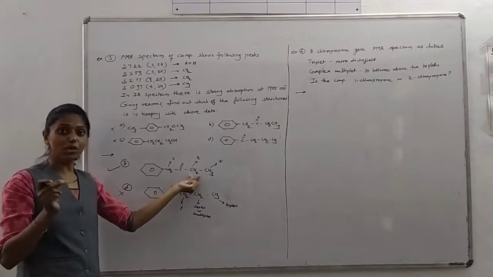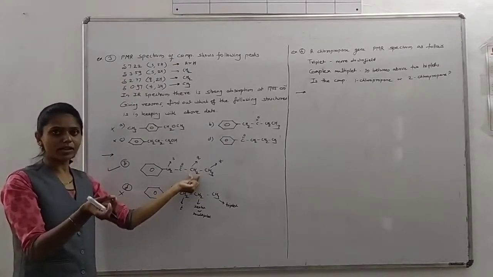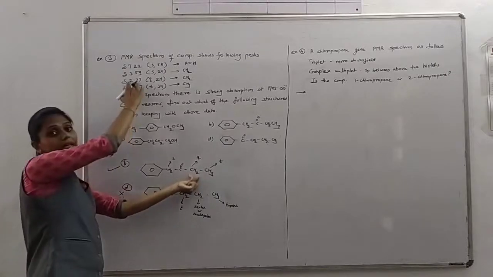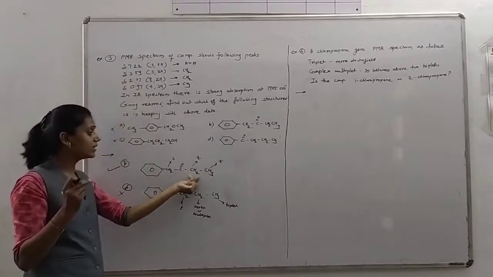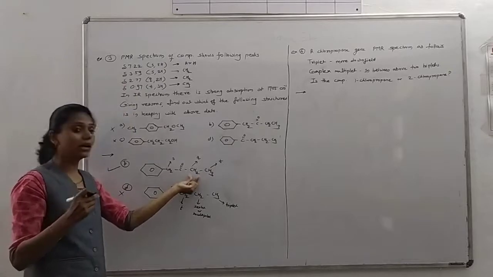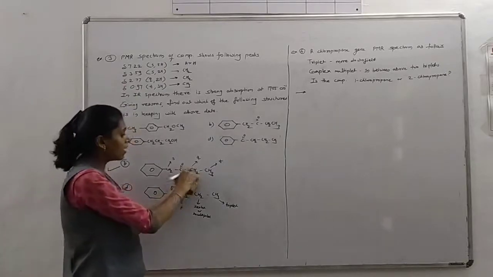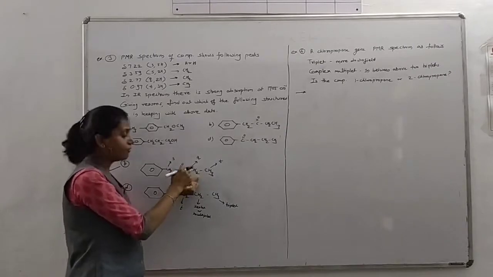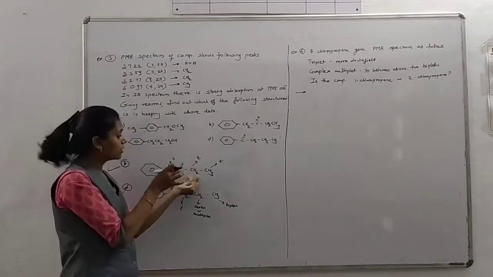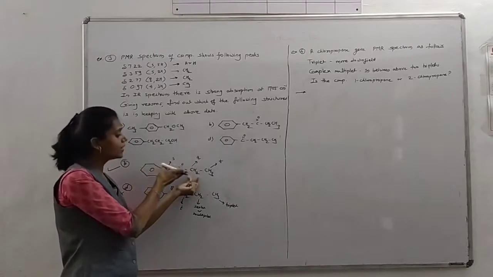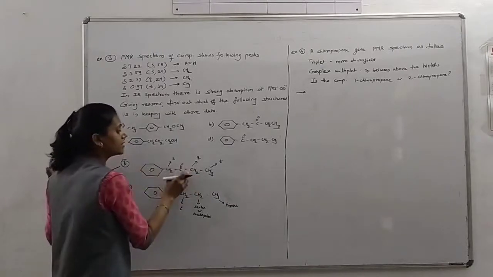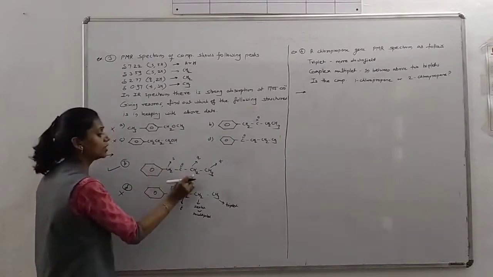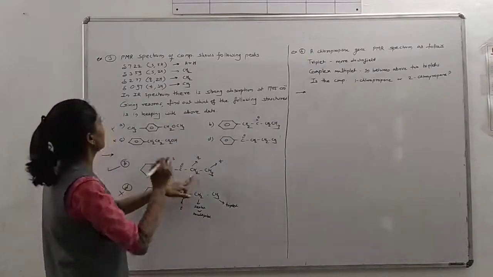I already told you CH2 absorbs at nearly 1 to 1.5, but its value increases. What is the reason behind it? Since there is a carbonyl group adjacent to this CH2 group, which is electron withdrawing, it decreases the electron density of this proton and it gets downfield of the TMS signal.